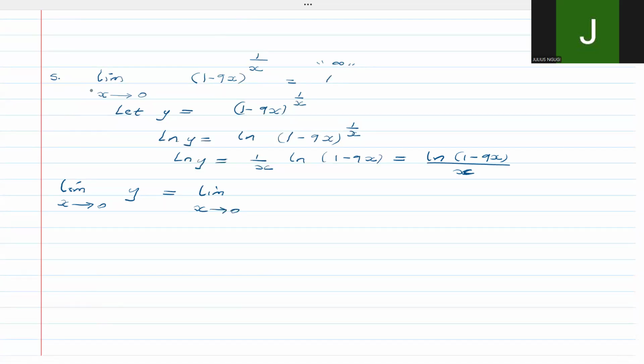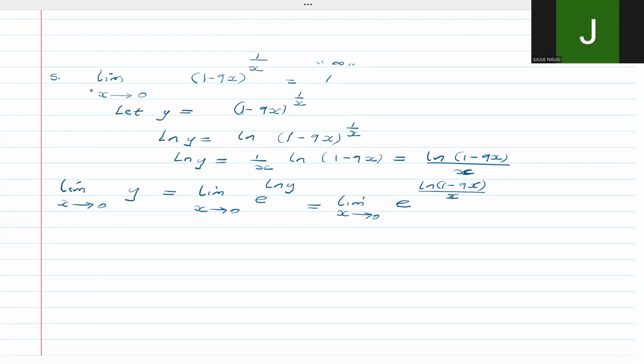Don't forget, if I was to introduce the exponential of ln of y, I haven't changed anything, it's still y, which is equal to the limit as x approaches 0 of exponential of ln of y, which is ln of 1 minus 9x, all this divided by x.